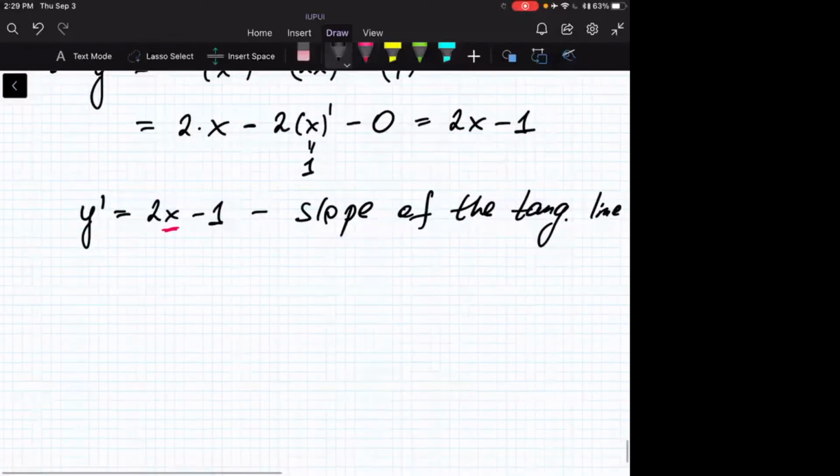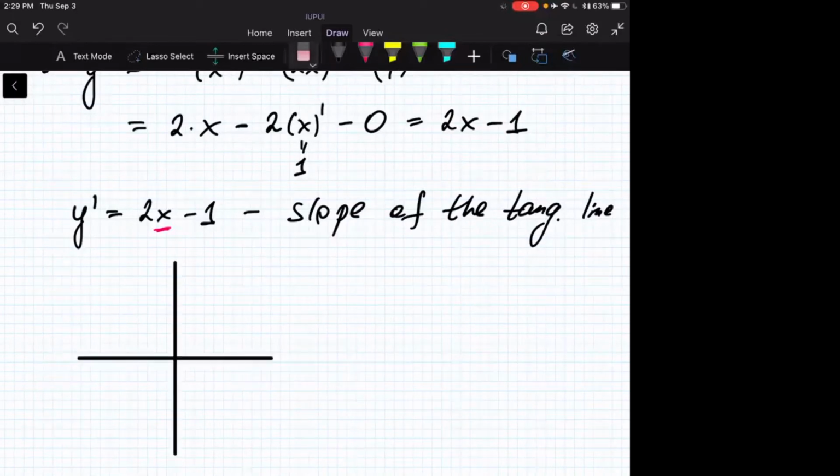That means that the slope is changing, and that's what you should expect, because if you have a function like this, then the slope here, so if you draw the tangent line, is like this, at point x1.